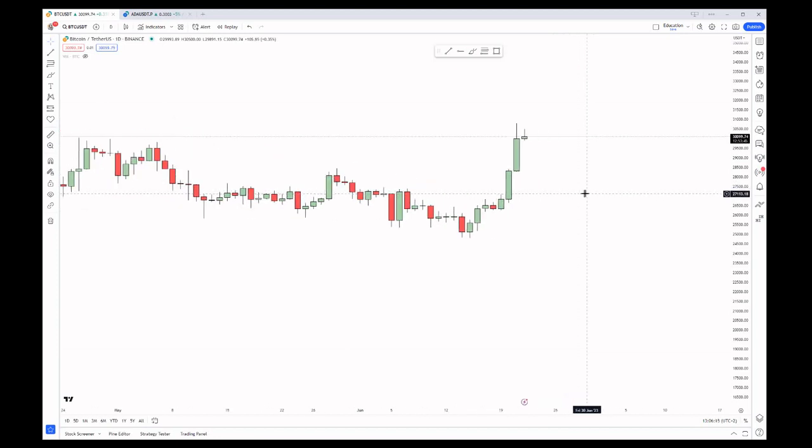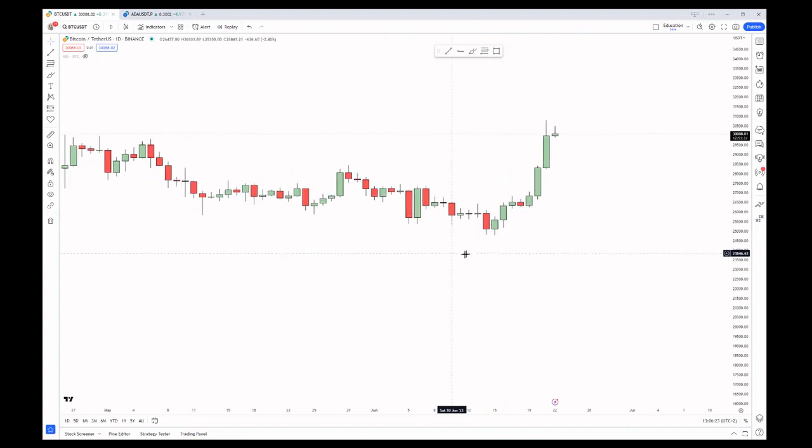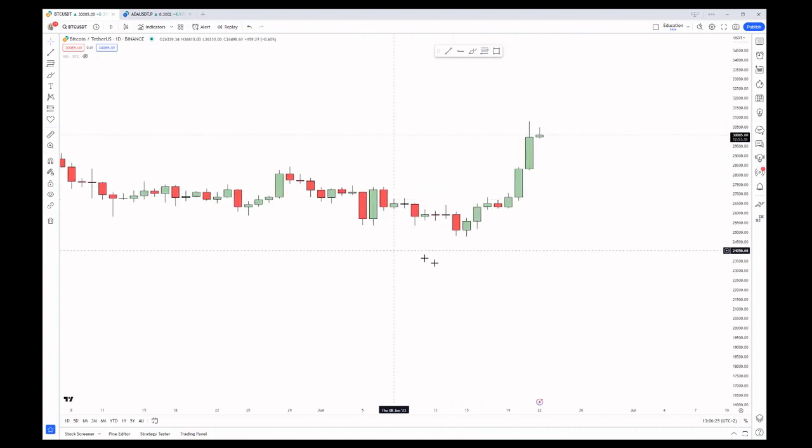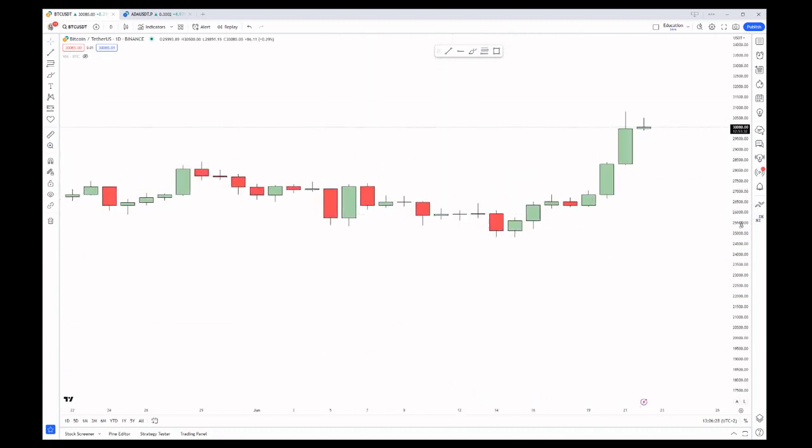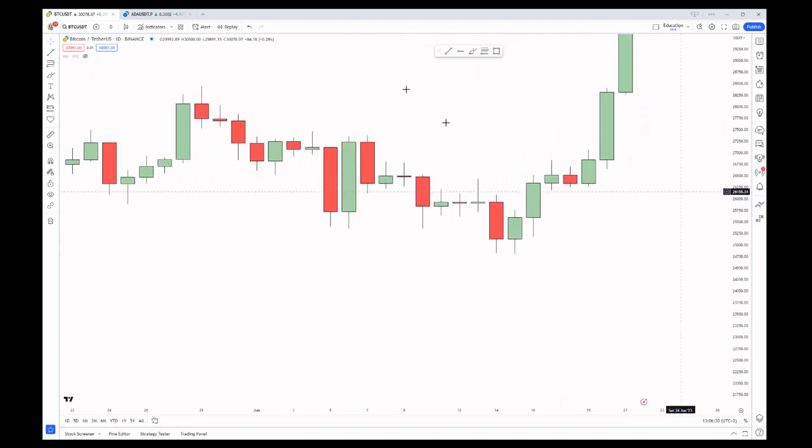So, like I said, it has an opening price, closing price, low price, and a high price. And that's what you see. So if I zoom in, I'll make it a big one. You can see here the highest wick is always the high price.